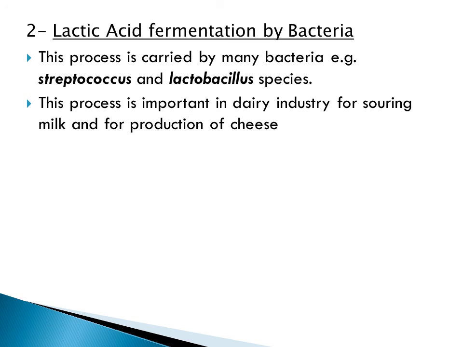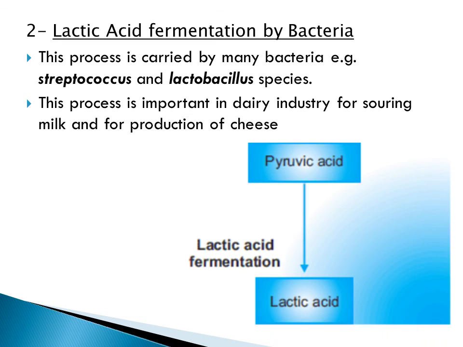Souring milk is used in baking, etc., and for the production of cheese and yogurt. The pyruvic acid is reduced to lactic acid with the help of Streptococcus and Lactobacillus bacteria. The lactic acid is found in milk.